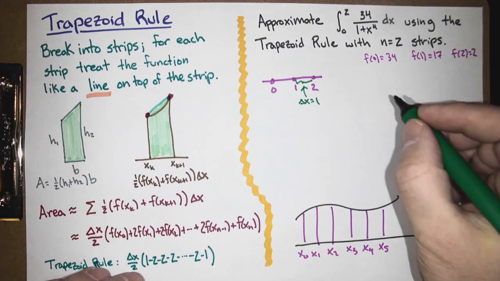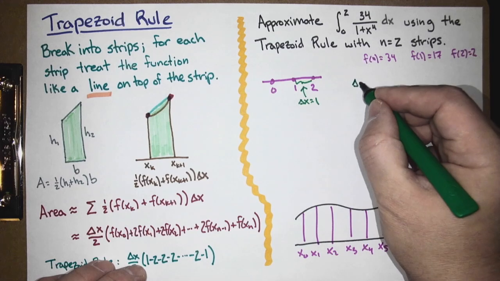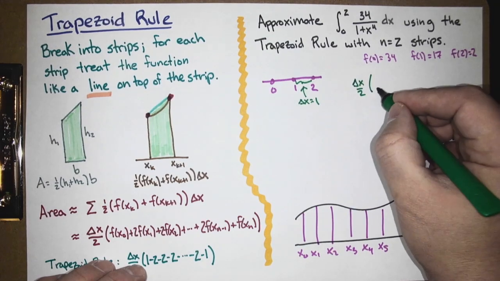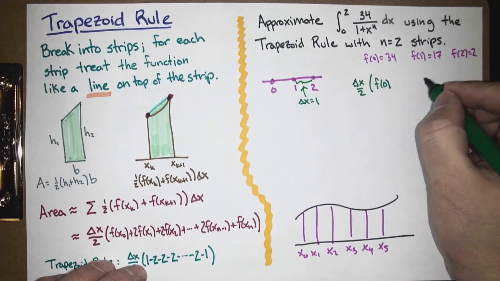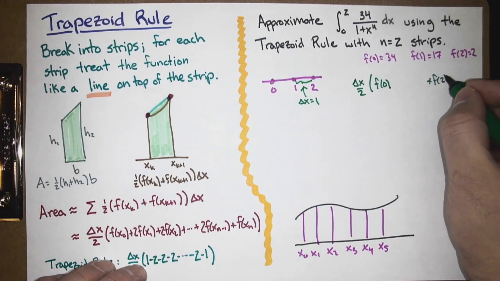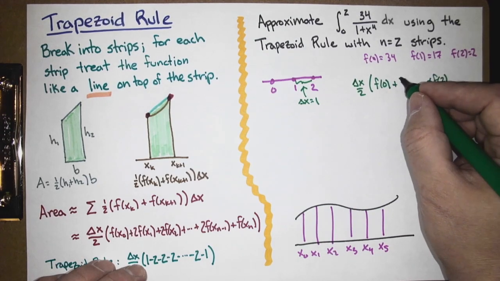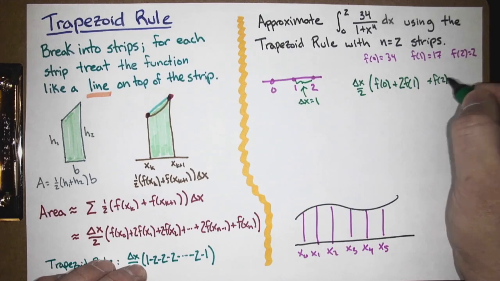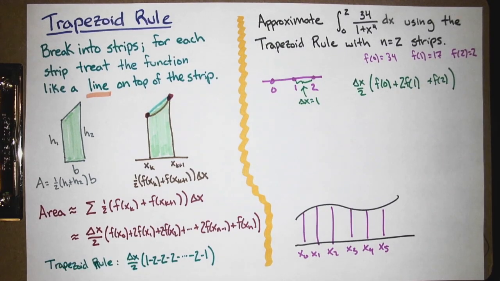So we say, okay, we're going to have delta x over 2, and for our case it's very simple. The last point and the first point just have coefficients of 1, and the middle point gets doubly weighted. So it's going to look like that. Delta x over 2, f of 0 plus 2f of 1 plus f of 2.